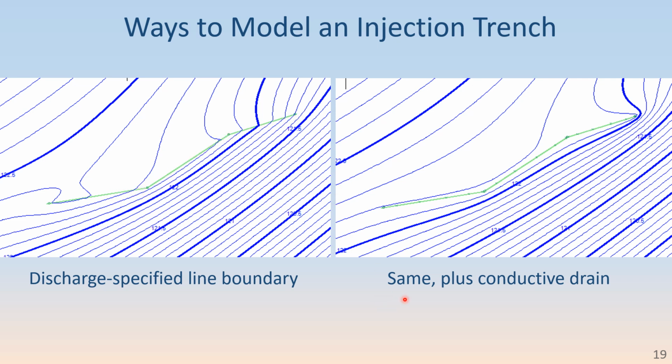And on the right, we've done the same, but we've added a highly conductive drain on top of that discharge specified line boundary, so that it now is a constant head and the discharge per length varies quite substantially along it. You can see that just based on the head contours and how much they change as you go across it, that we're getting a much higher discharge per length down at this end compared to the middle or this end.